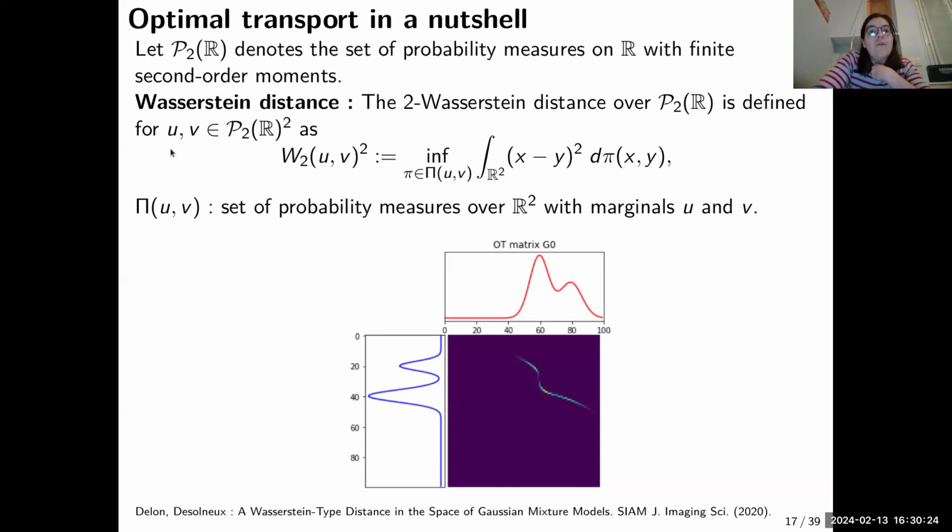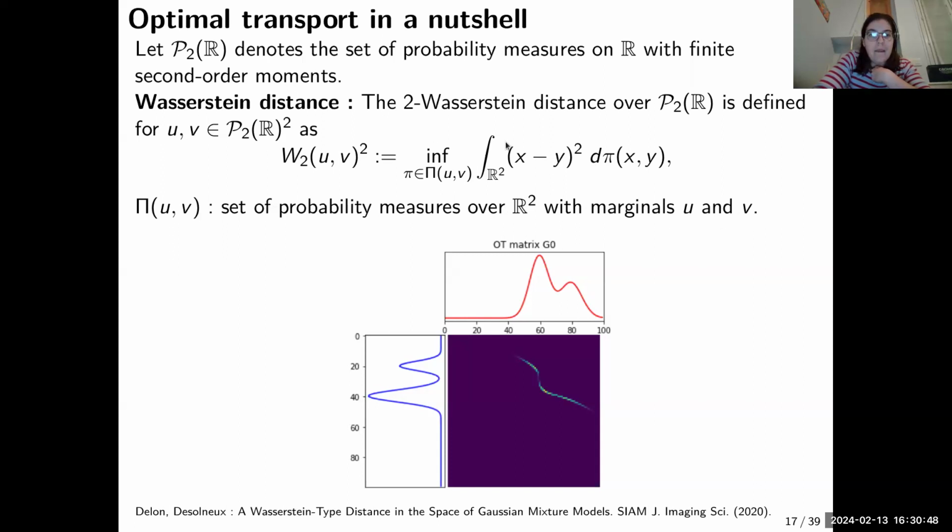For u, v two such elements, it is defined as follows. It's a quantity denoted by W2(u,v), and this quantity squared is defined as the solution of some minimization problem over the set of probability measures pi defined over R squared with marginal densities given by u and v.